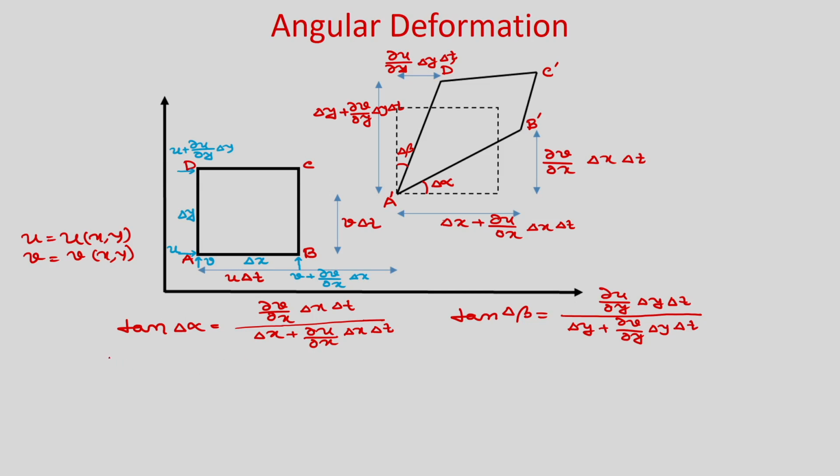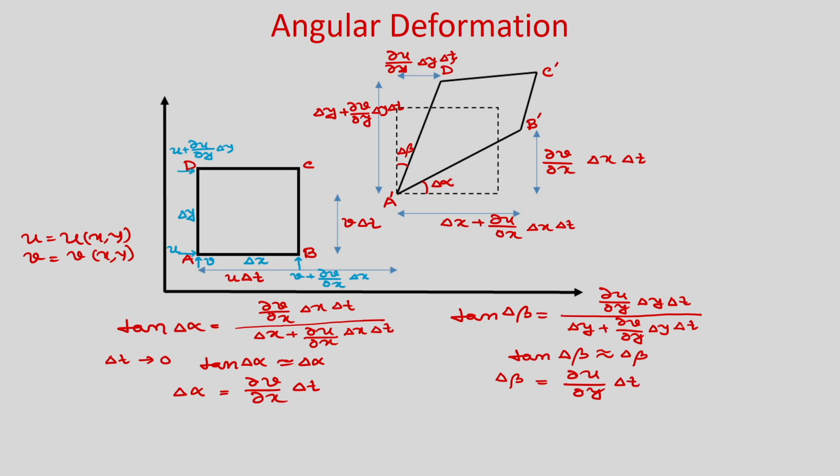Now if you consider that delta t is very small, then obviously you can write tan delta alpha is equal to delta alpha, and as delta t tends to 0, delta alpha is equal to del v by del x into delta t, and similarly as delta t tends to 0, tan delta beta will be equal to delta beta, and delta beta you can write as del u by del y into delta t, because delta t tends to 0.